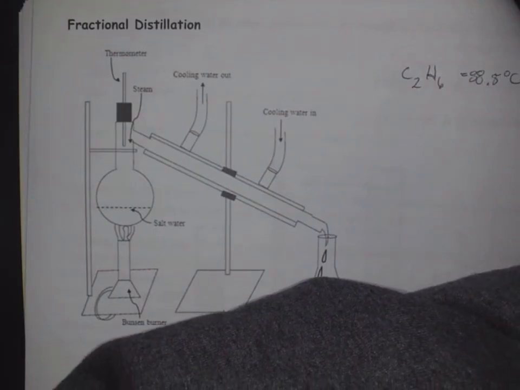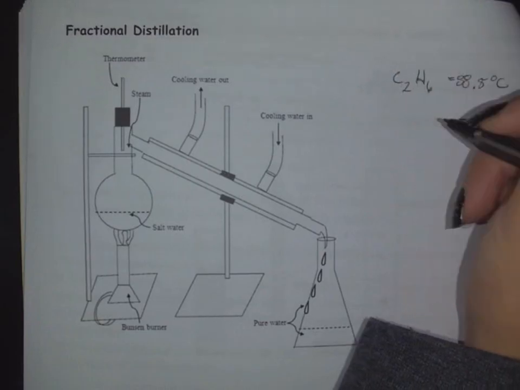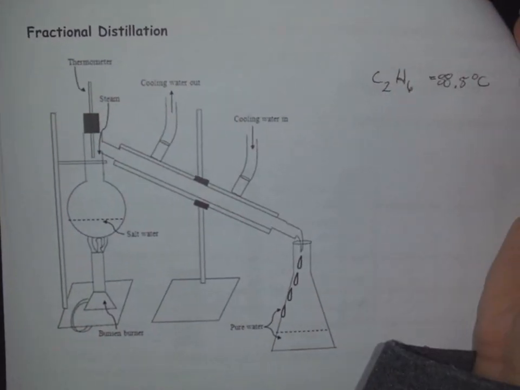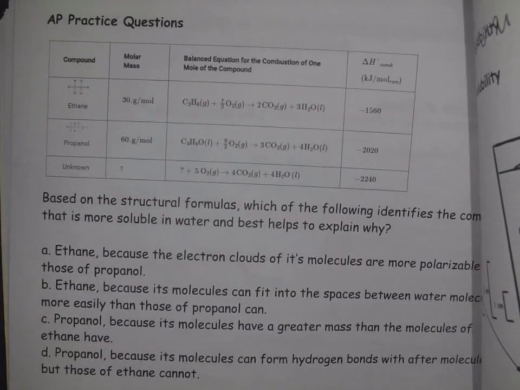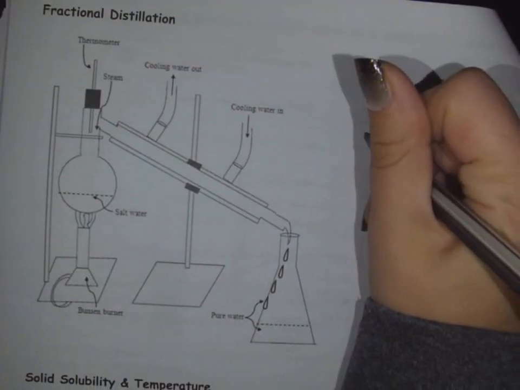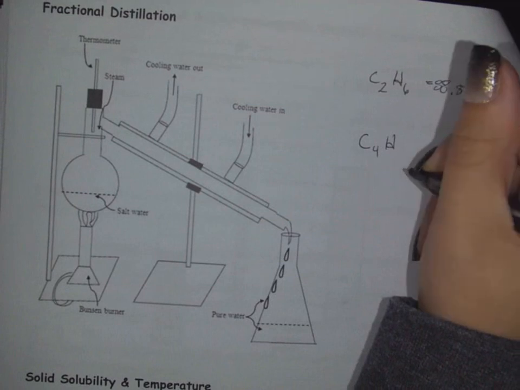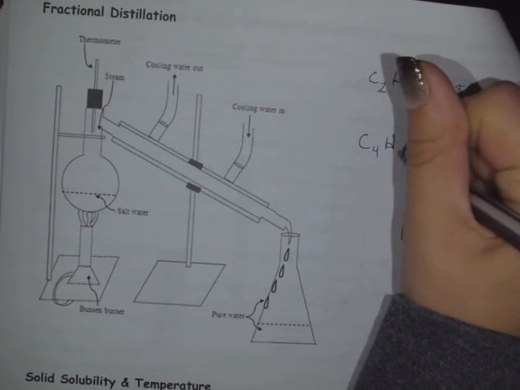Now, oh, well, let's just do water. That's easy enough. Actually we shouldn't do that because it wouldn't mix. So C2H6, and we're going to mix that with something much bigger. C4H10.